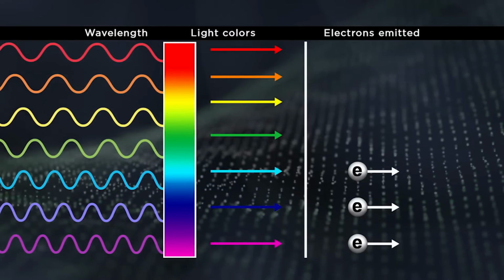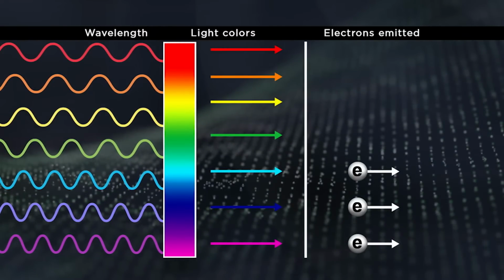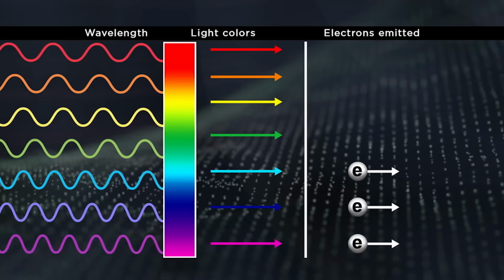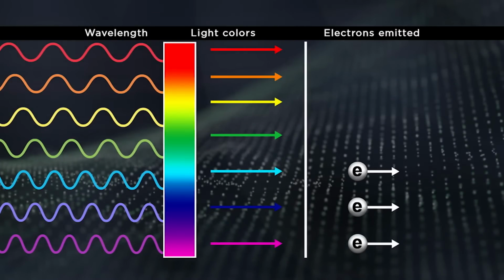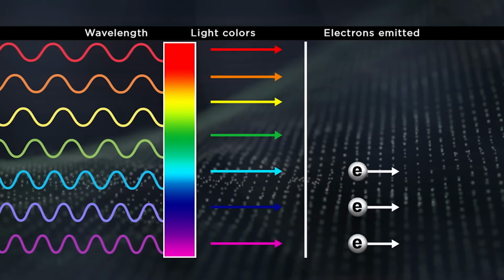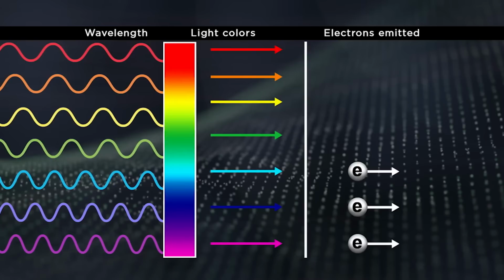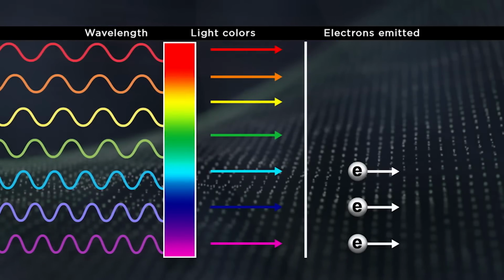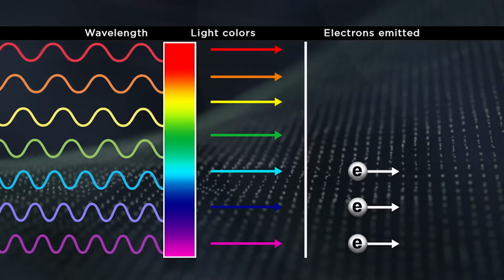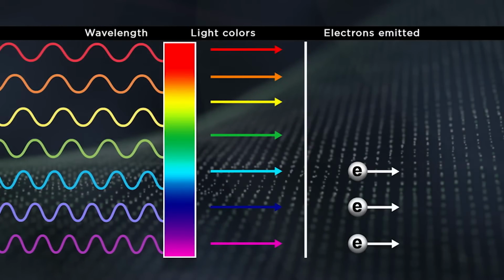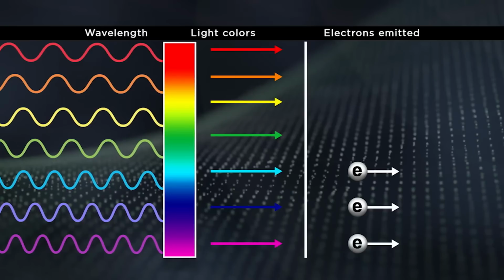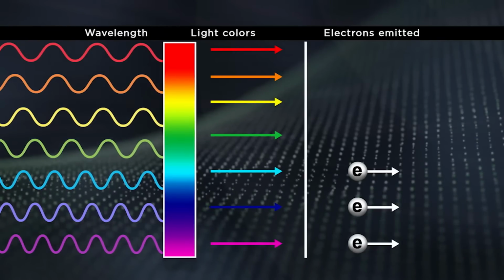Blue, purple, and ultraviolet will. Even at the time, physicists knew that different colors had different wavelengths, with the red, orange, and yellow side having a long wavelength, and the blue, indigo, and violet side having a short wavelength. And each material had a specific wavelength above which electrons would not be emitted, and below which they would.